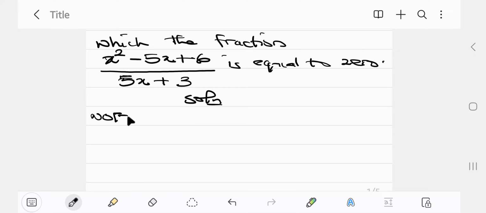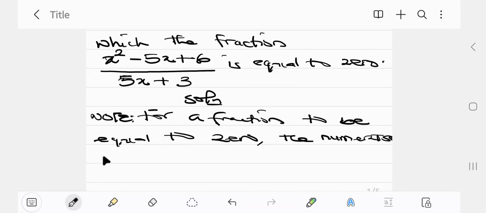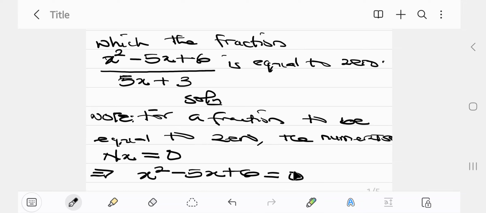Note that for a fraction to be equal to 0, the numerator n of x must be equal to 0, which implies that x squared minus 5x plus 6 must be equal to 0.